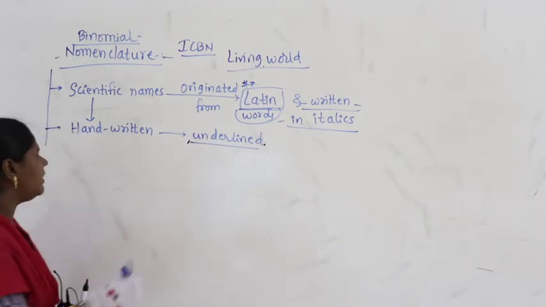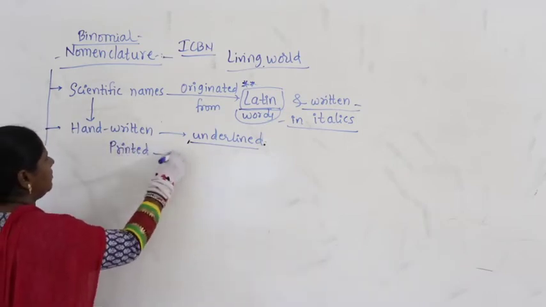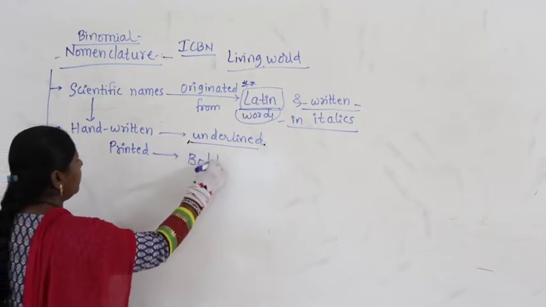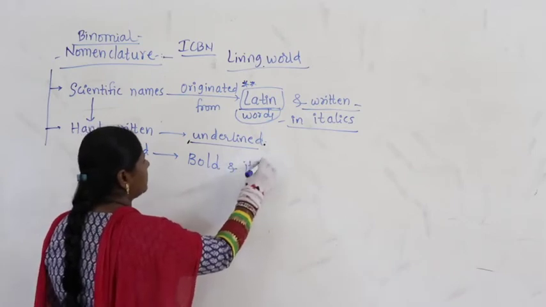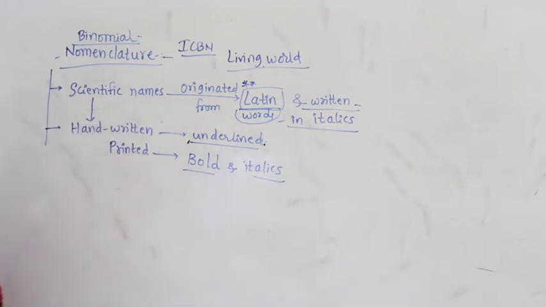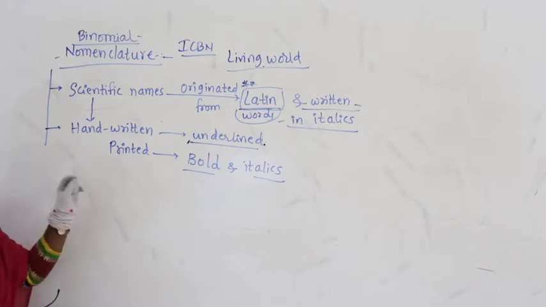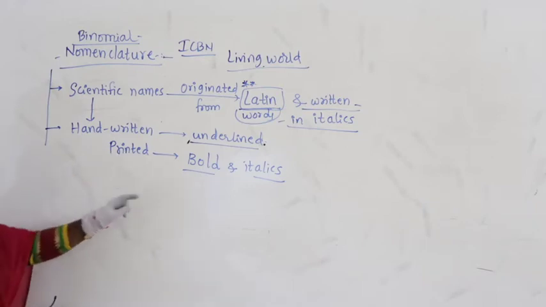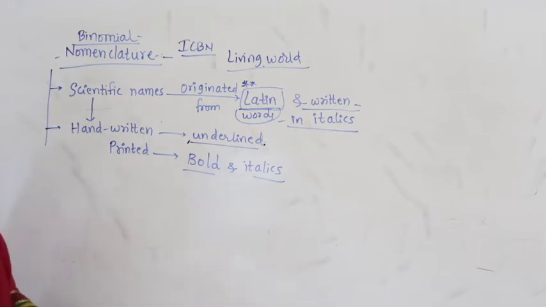Or if it is in printed form, it should be kept in bold and in italics. So I think you know that very well. When you take the printout, a printed copy, the scientific name should be bold and written in italics.